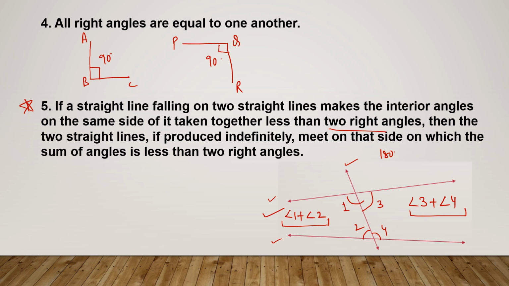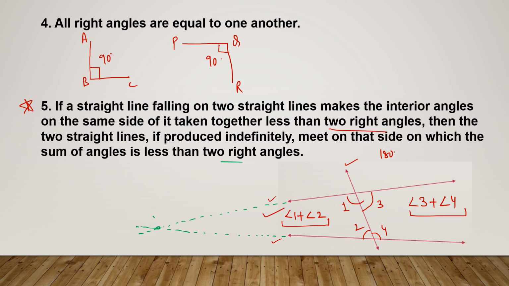Then the two straight lines, if produced indefinitely. Now if I produce these two lines indefinitely, this I am producing till here, and this line I am producing till here. So it is written that they will meet on that side on which the sum of the angles is less than two right angles. So they will meet here.